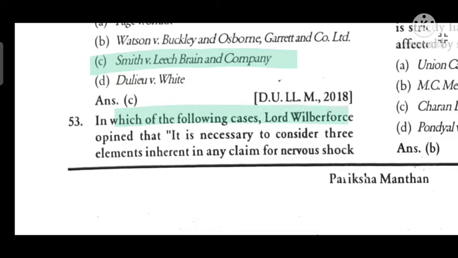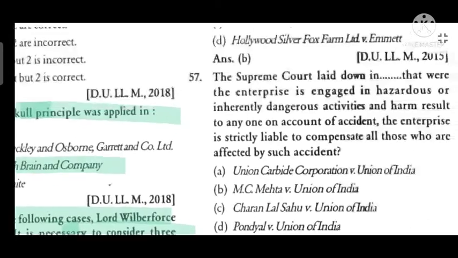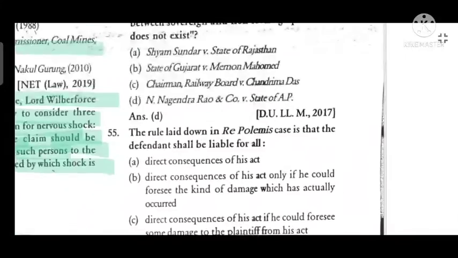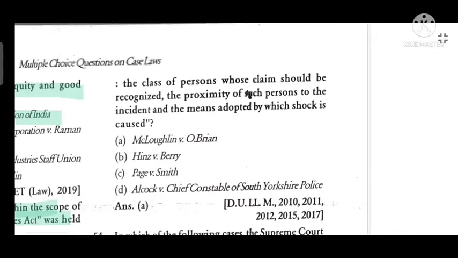The eggshell skull principle was applied in Smith versus Leech Brain and Company. In which one of the following cases did Lord Wilberforce opine that it is necessary to consider three elements inherent in the claim of nervous shock: the class of person whose claim should be recognized, the proximity of such person to the incident, and the means by which the shock is caused?